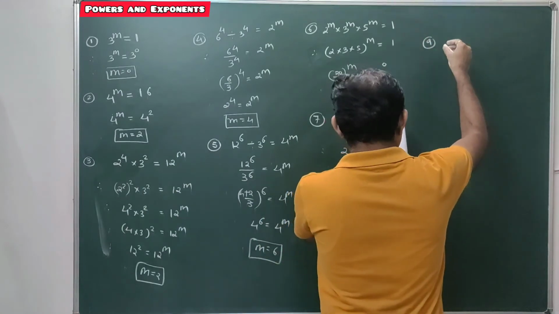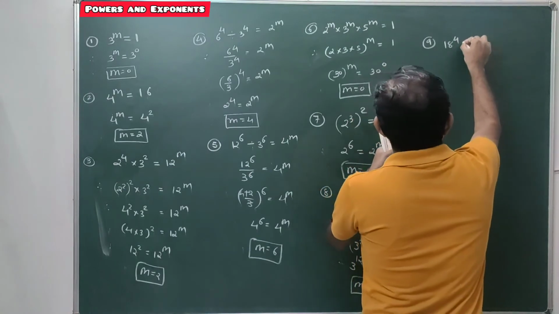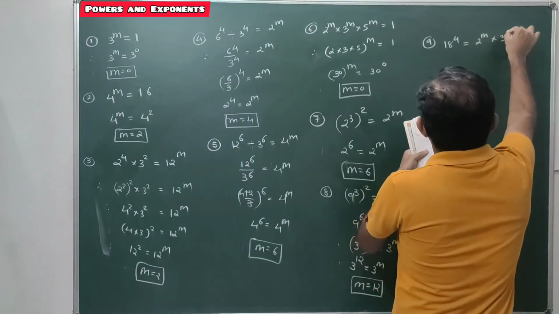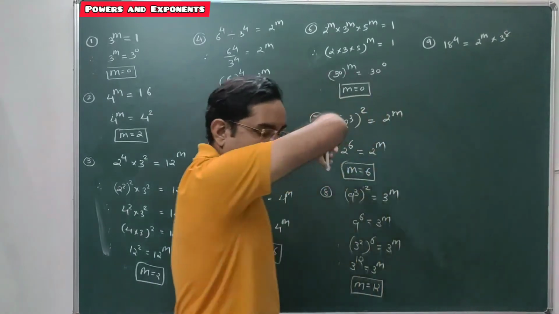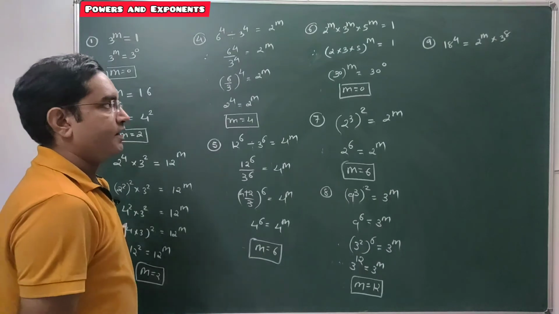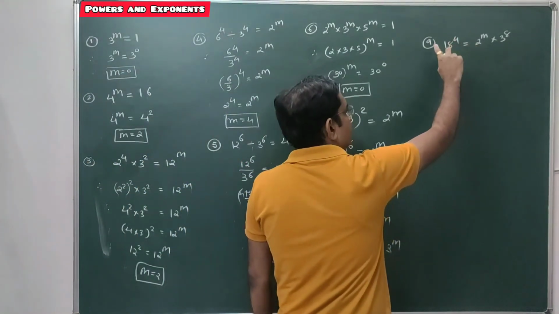9th. 18 raised to 4 equal to 2 raised to m into 3 raised to 8. So now first we have to write this 18 in terms of 2 and 3. So 9 2s are 18 and 3 3s are 9.